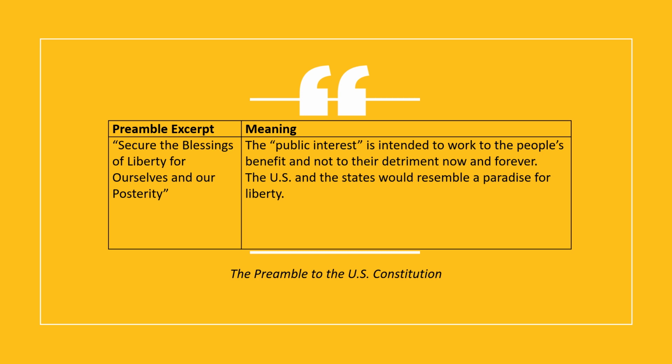So that's another purpose of that preamble, to say we don't want just ourselves to be taken care of. We also want to write a constitution that will ensure the security of this country, the blessings of liberty, long into the future.